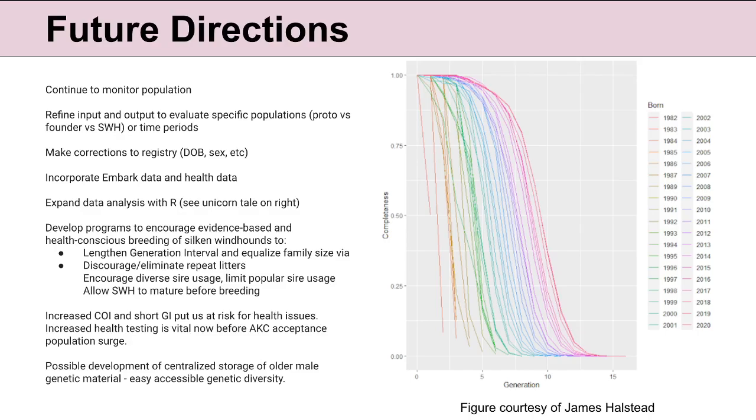We have data there. I think it would be great to develop programs to encourage evidence-based and health-conscious breeding of Silken Windhounds to lengthen generation interval and equalize family size by discouraging, eliminating repeat litters, encouraging diverse sire usage, limit popular sire usage, allow Silken Windhounds to mature before breeding.